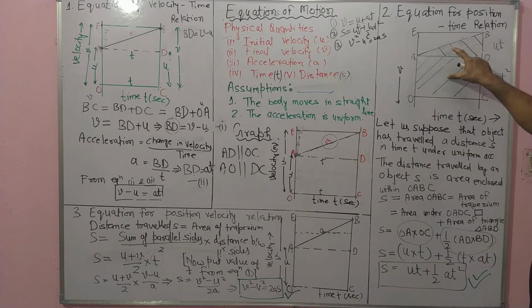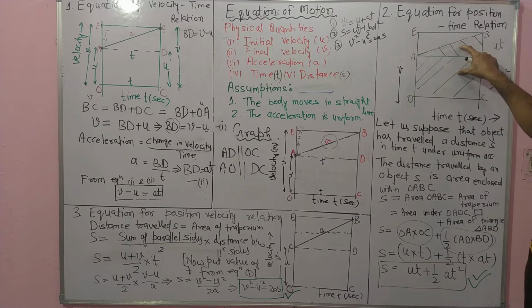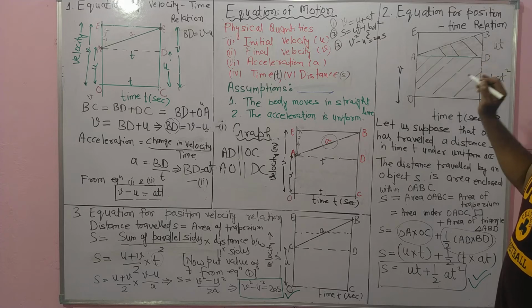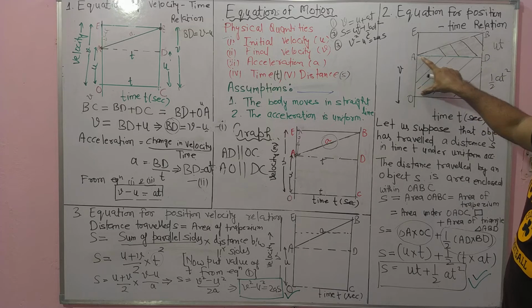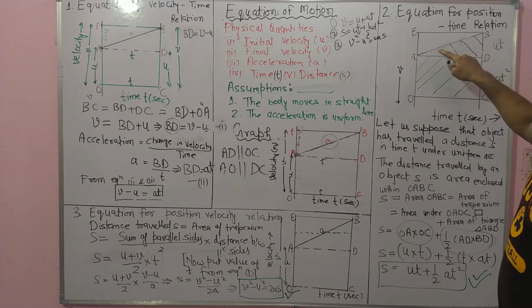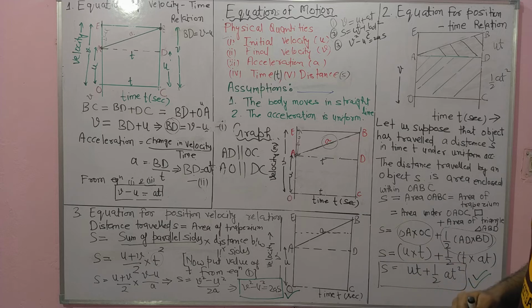Now, how can we calculate the area of OABC? It is called a trapezium. So we need to calculate the area of the trapezium. The trick is we will first calculate the area of the rectangle, and next we will calculate the area of the triangle, and we will add both of them and find the distance.